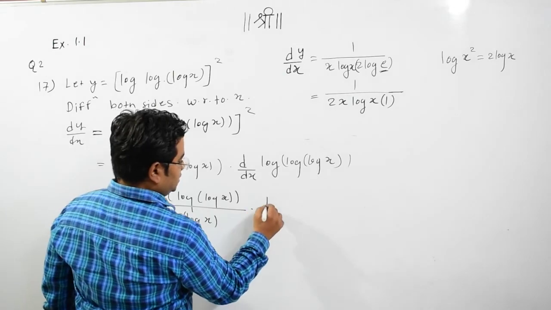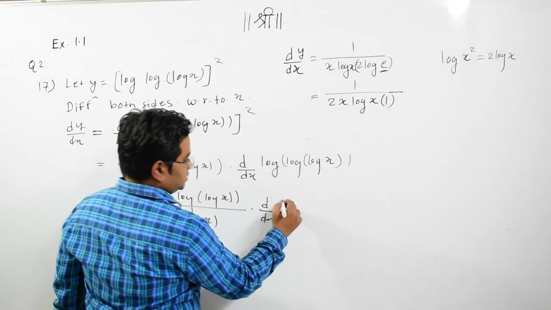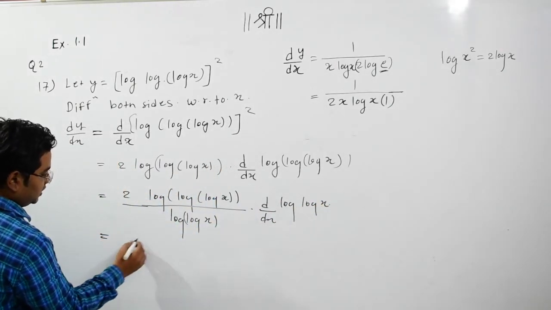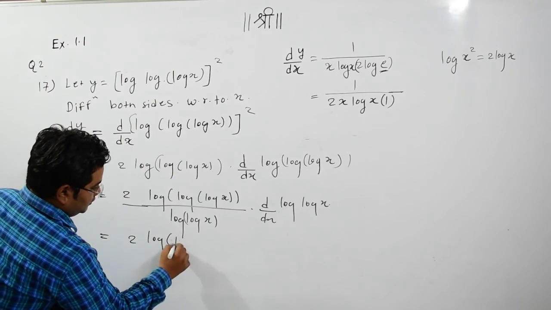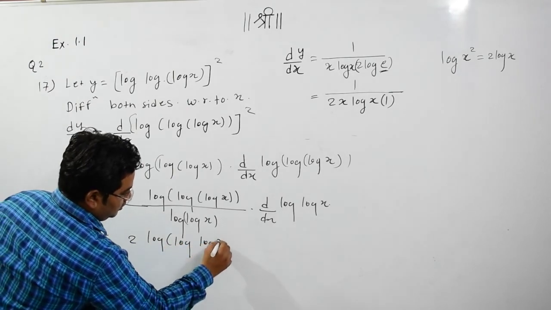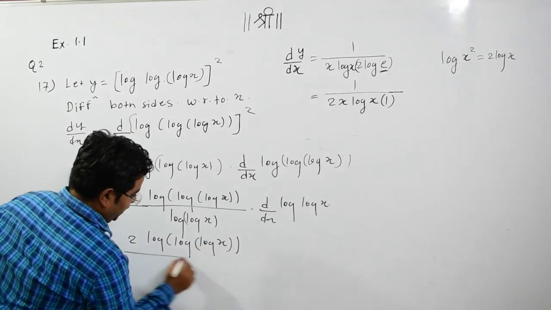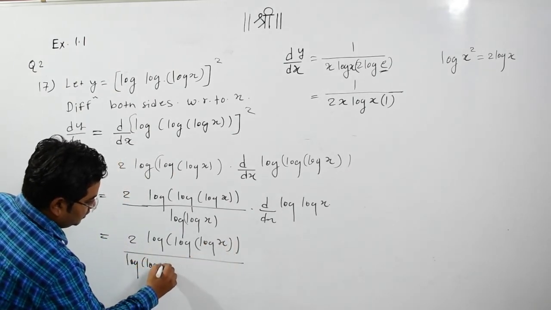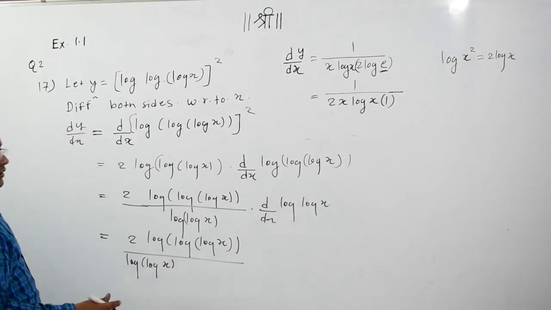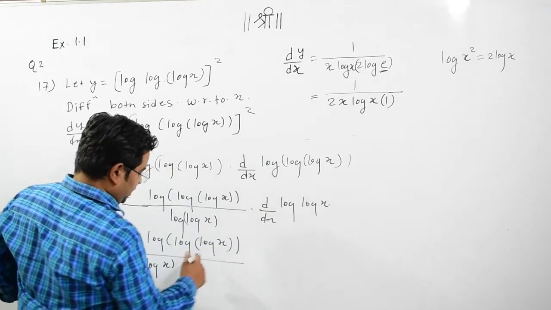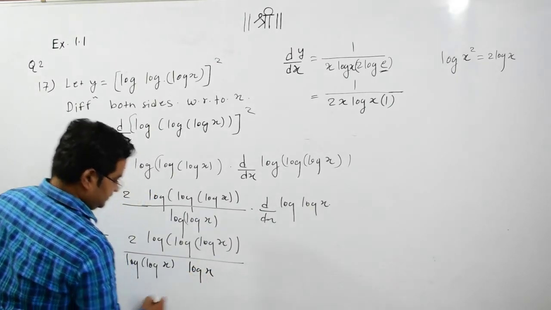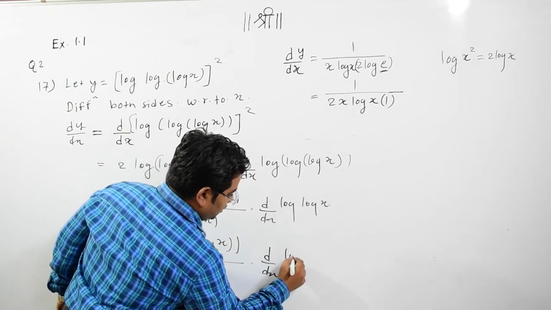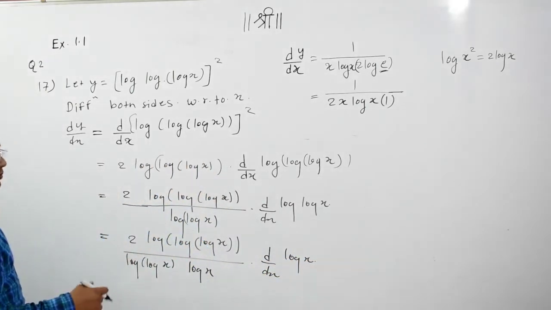Okay, next d upon dx of this log x will be equal to what? 2 upon log of x divided by log of x. Okay, now next step, this log x will be again log of x. Next step, what is the derivative of d upon dx of log x, which is nothing but 1 upon x.